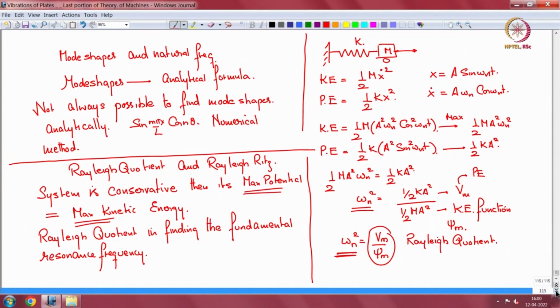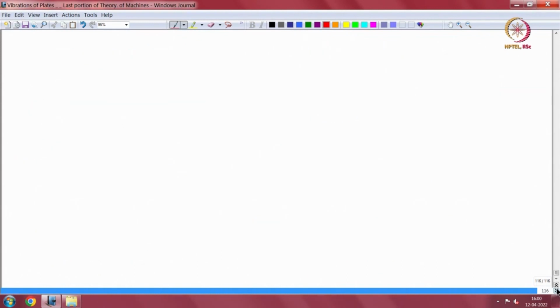So I said the Rayleigh quotient gives the estimate of the fundamental natural frequency. So let us say I take now a higher order system. This is 0.2 kg. This is 0.3 kg.